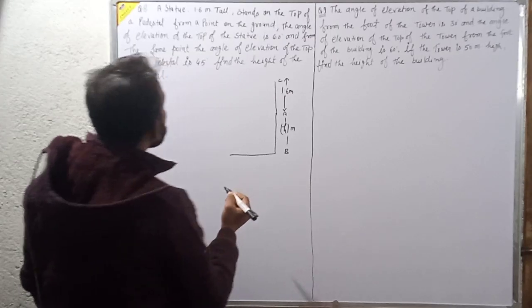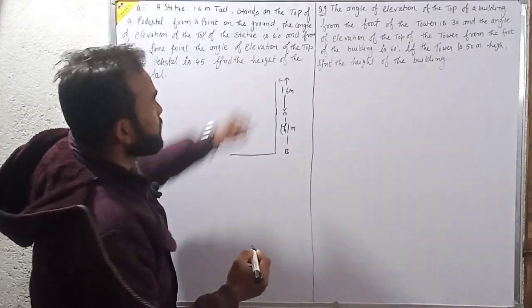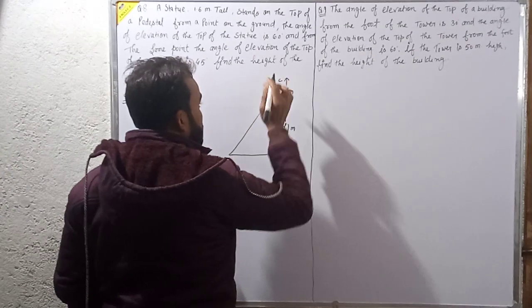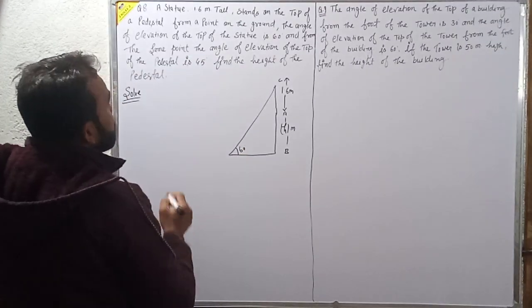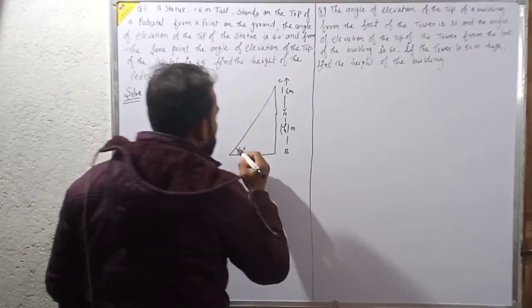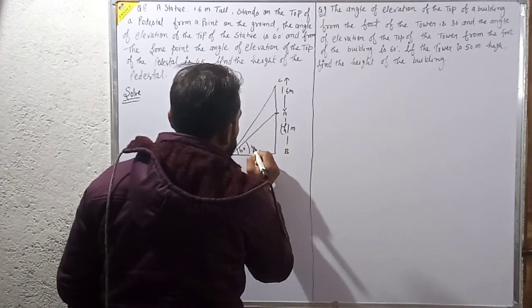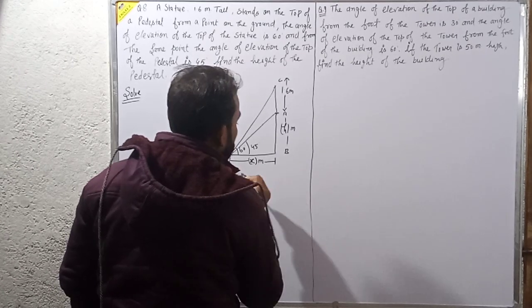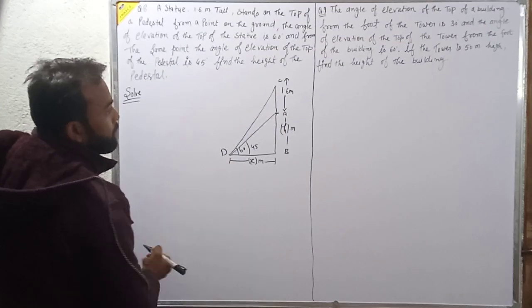The elevation angle between the top of the statue and the point is 60 degree, and the elevation angle between the top of the pedestal and the point is 45 degree. Let me suppose the distance will be x meter. D is the point. Clear?